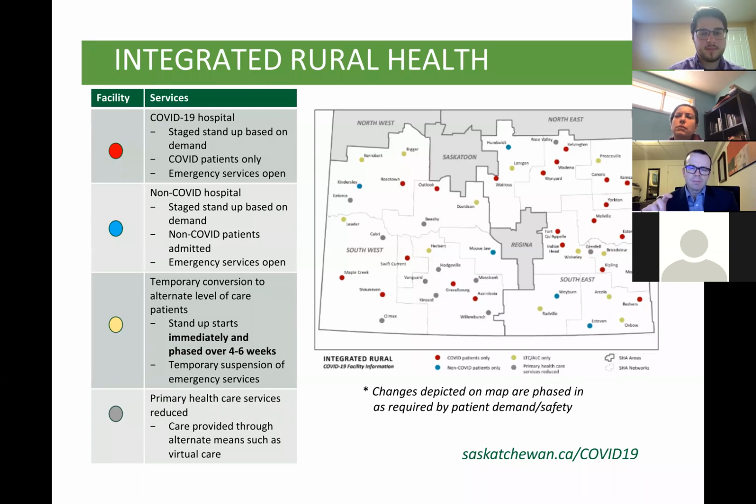Part of this is about bringing those people together in a consolidated location so they can get those skills and be able to contribute to a surge. One of the bigger drivers is creating space in other facilities like the regional and tertiary centers, and that's where we're going to be pulling those ALC patients from those larger facilities and consolidating them into these ALC designated sites.